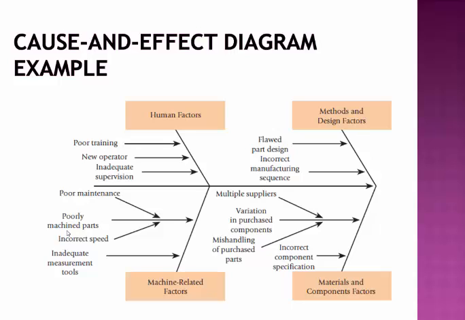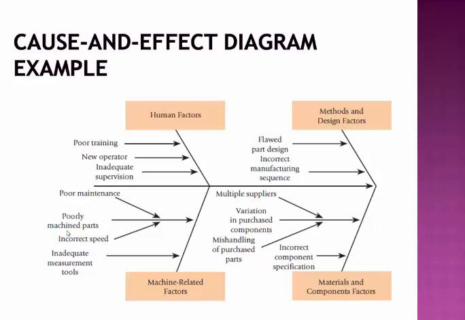Is there a variation in those components? Mishandled purchased parts: are we damaging those, or are they coming to us damaged before we put them into the process? And could we have incorrect component specification? So could we have made a mistake in telling our vendors and suppliers exactly what we needed?